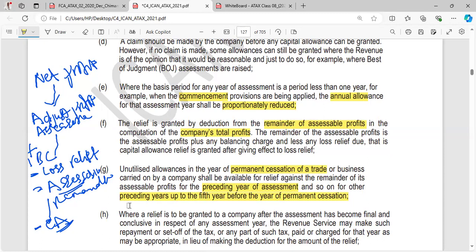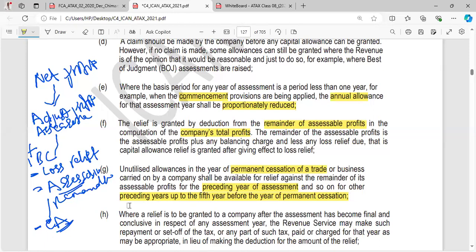So you have been carrying capital allowances forward, and on the 2024 year of assessment, whose basis period ends in December 2023, you had no relief. All your capital allowances are not relieved. That means you have, let's say, 3 million unrelieved capital allowance.